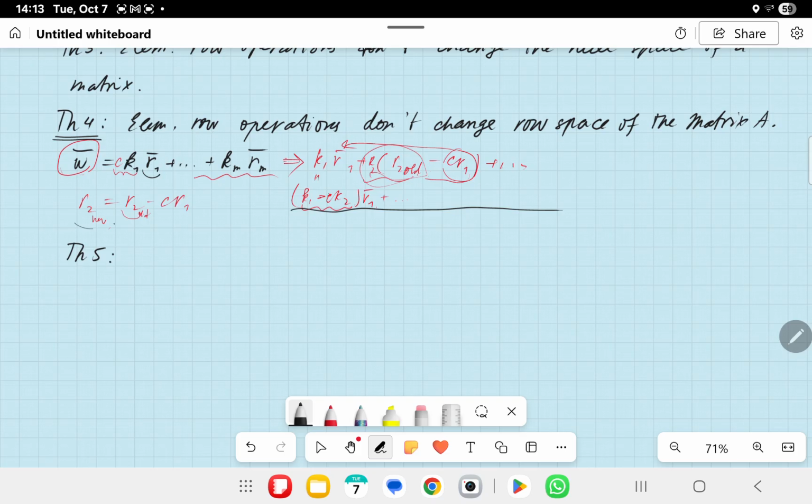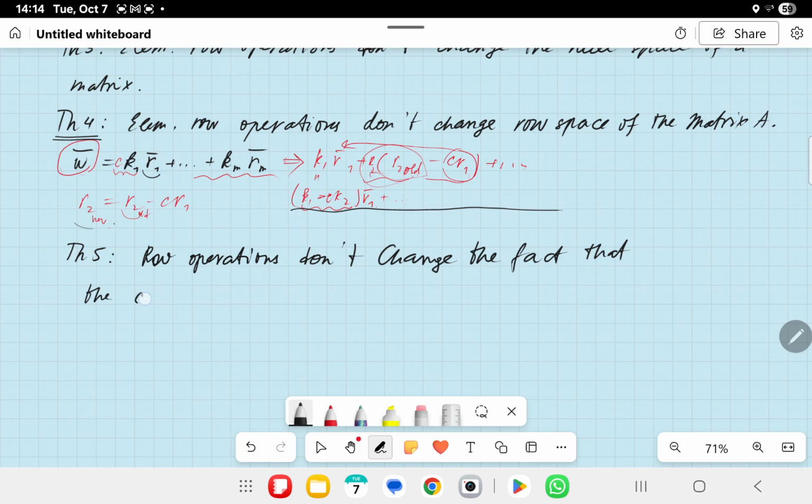So elementary row operations change the column space, but they do not change the fact that columns were linearly dependent or linearly independent. So I'm going to write it down. Row operations don't change the fact that the columns were linearly dependent or linearly independent.